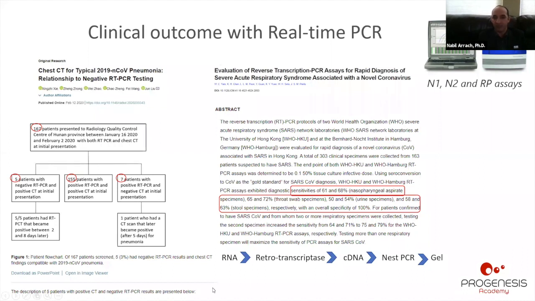So for example, I'm giving you here an example where the real-time PCR showed 61 to 68% sensitivity, and that's with nasopharyngeal aspirates. And when you look at the method that they used, it wasn't a true RT-PCR.